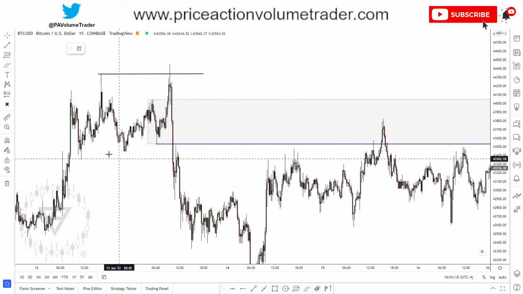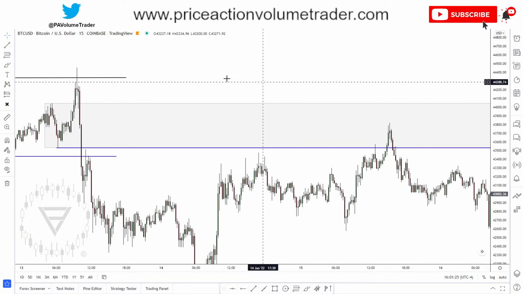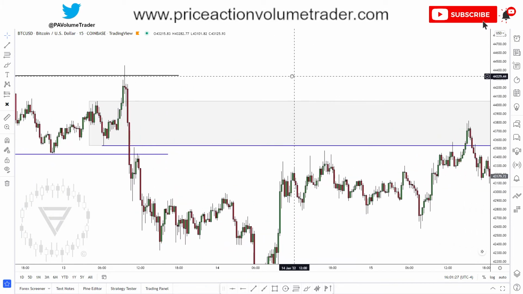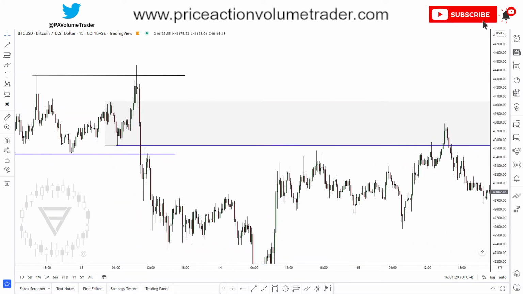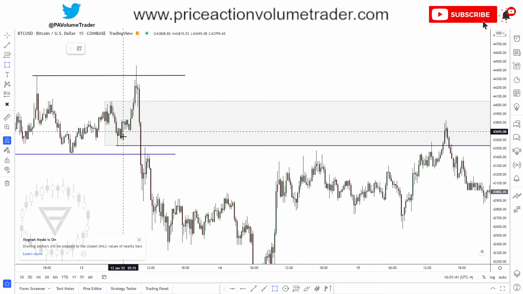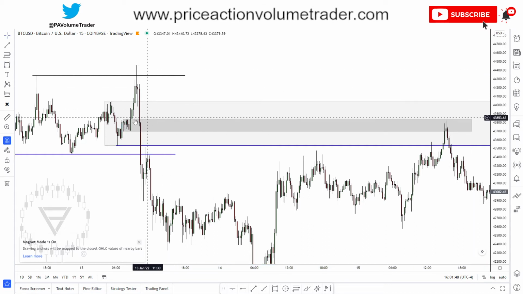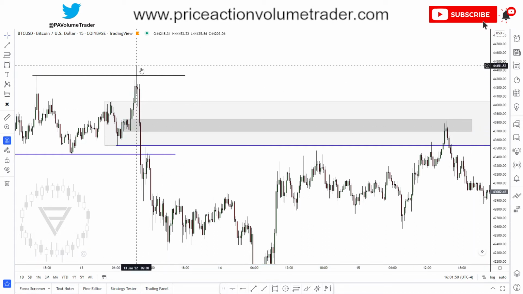Price comes down, we break below this, we break market structure down, and now on this time frame, if we zoom in here, you can see that rather than use this whole area that we were using on the hourly, on the 15-minute time frame, right here, this is the last cluster. This was the last down move that originated the sweep here.